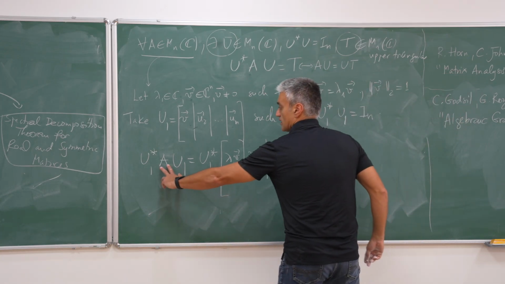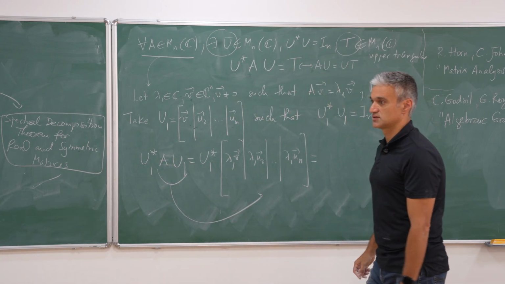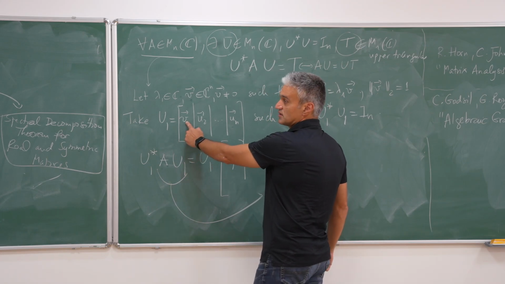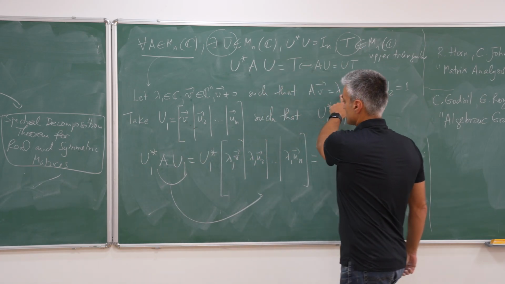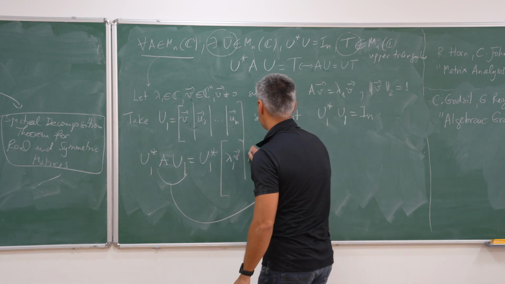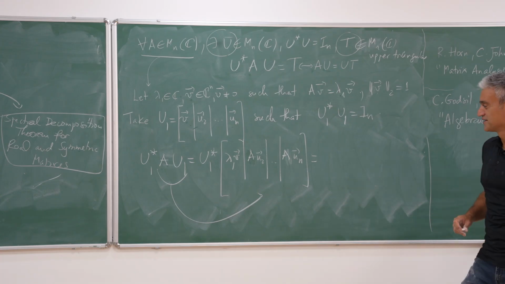That's what A U1 becomes, because when A meets V, it becomes lambda 1 V. Here I was wrong, this is A U2. Sorry, I got carried away.